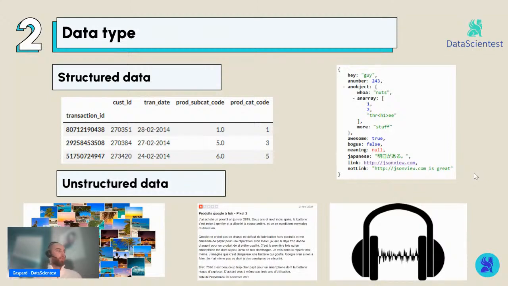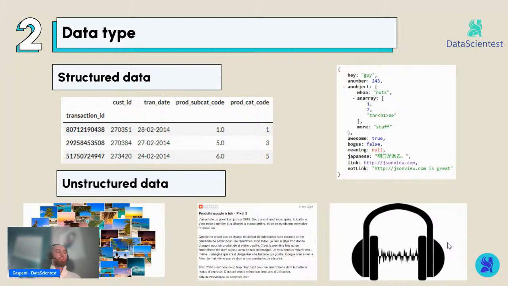But let's come back to the different types of data. So we talked about images and text. There is also, of course, JSON data or dictionaries.